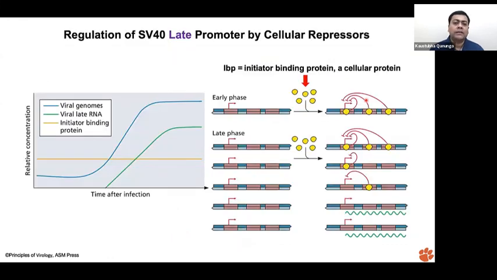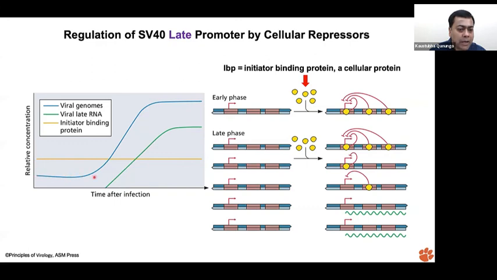So here is the overview of how the cellular repressors also control the SV40 transcription. What we are looking at right here is the viral late mRNA. So you can see the rise. But on the other hand, if you look at the time after the infection, initially the DNA replication is not happening.